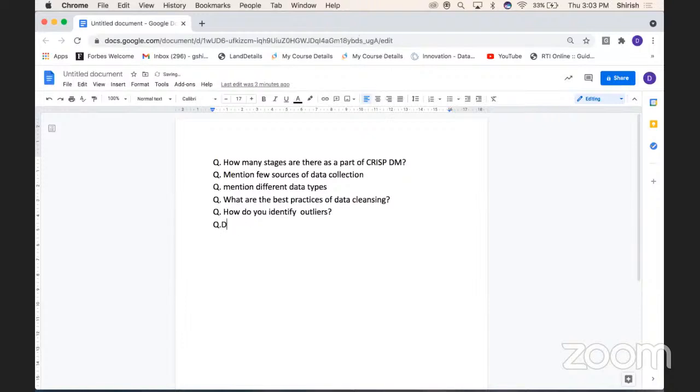So if someone asks you, do you think missingness of the values will impact your analysis?